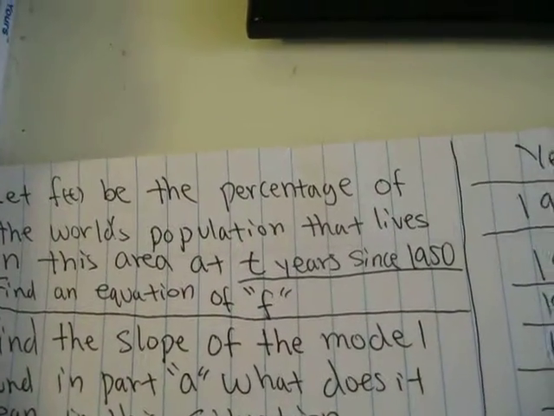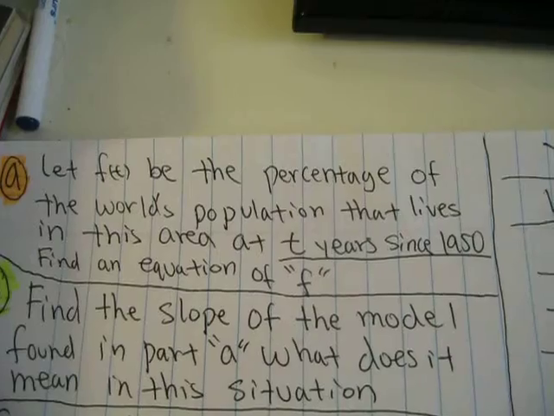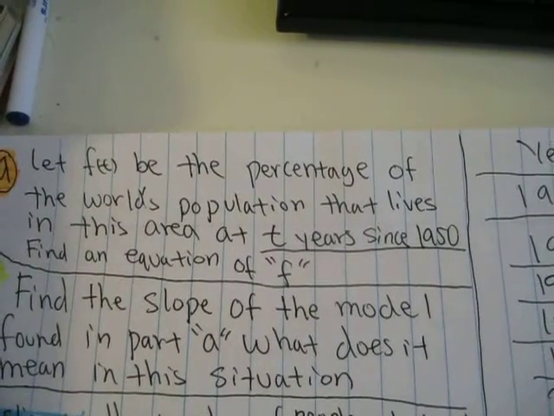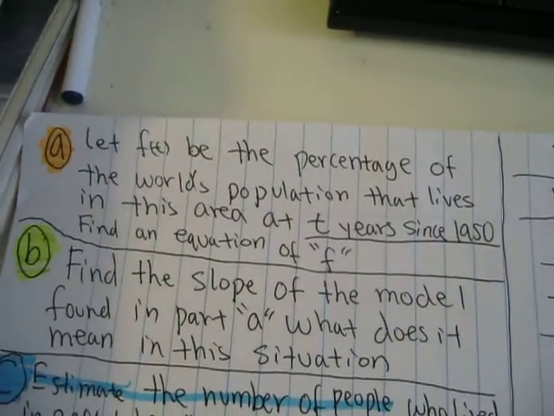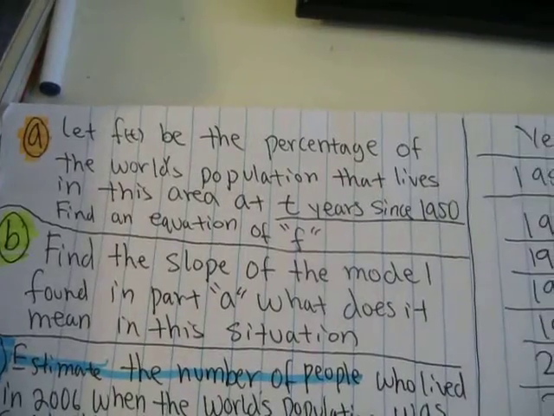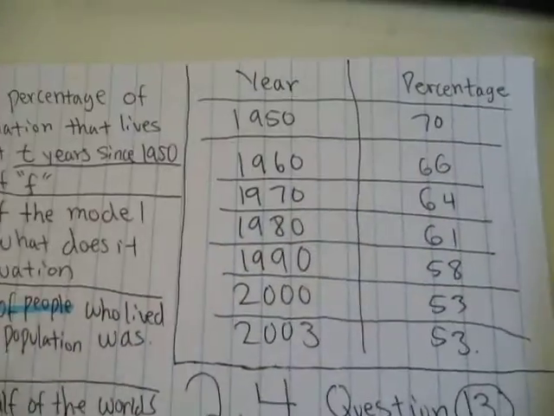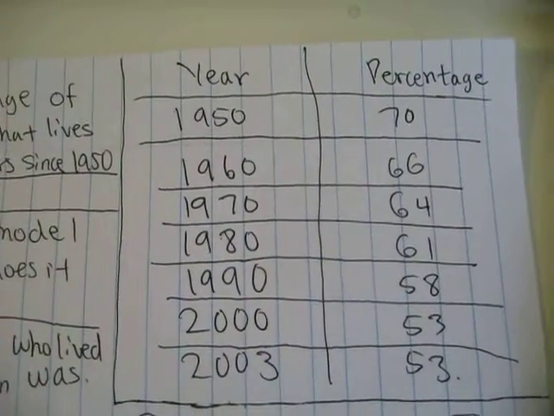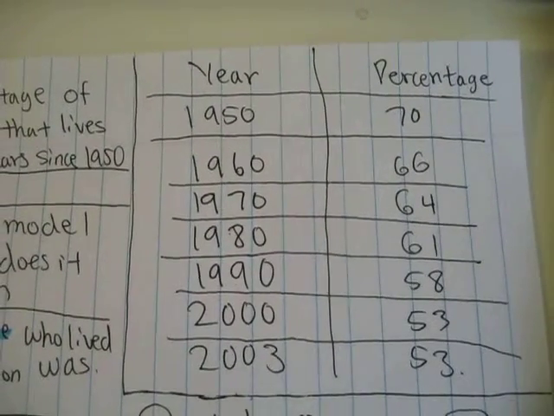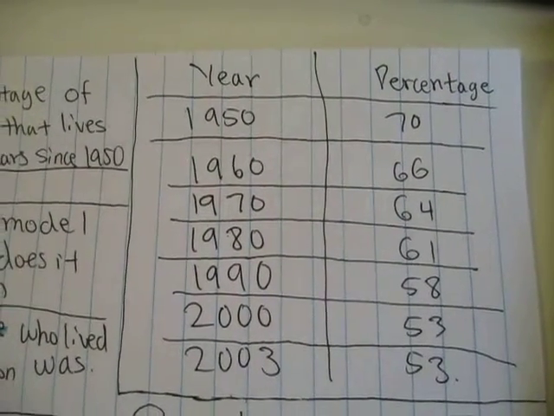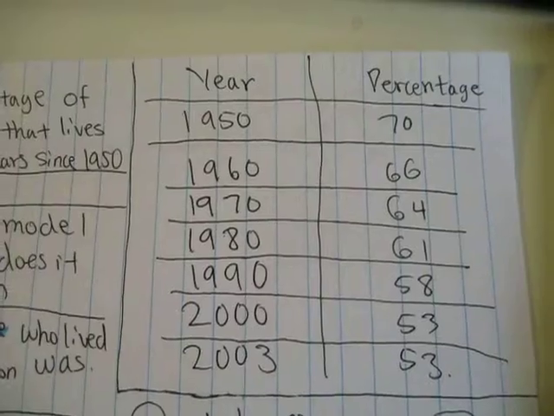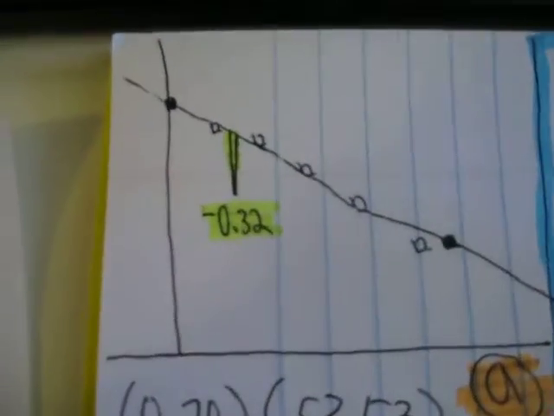Let F(t) be the percentage of the world's population that lives in this area at t years since 1950. Find the equation of F. So basically it's asking to find the equation. First of all, if you graph this table onto your graphing calculator, you'll get something like this.